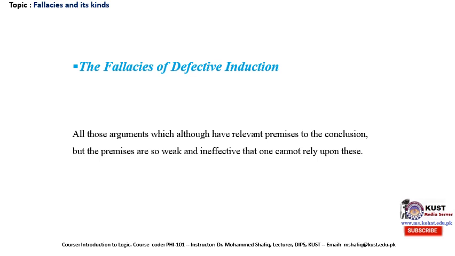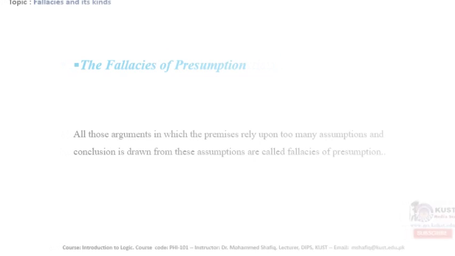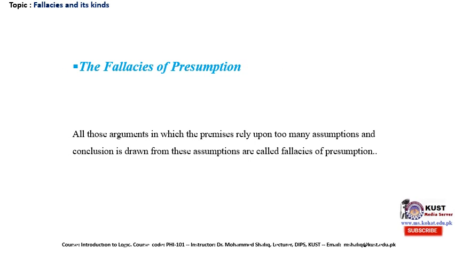The fourth class of fallacies is presumption. All those arguments in which the premises rely upon too many assumptions, and the conclusion is drawn from these assumptions, are called fallacies of presumption. In fallacies of presumption, too much is assumed in the premises.